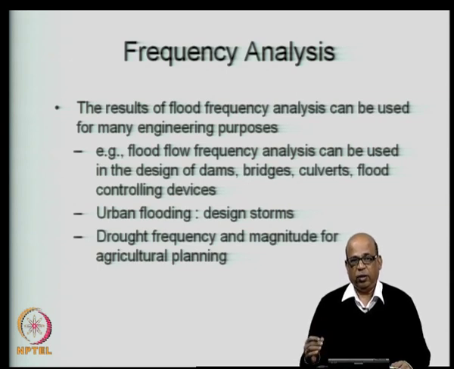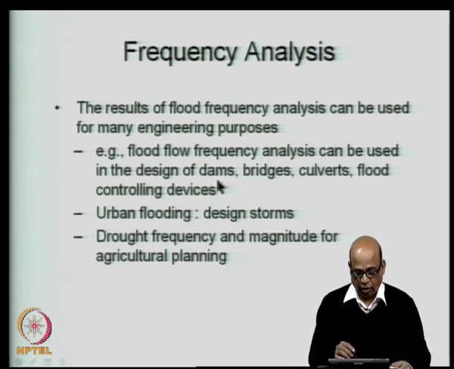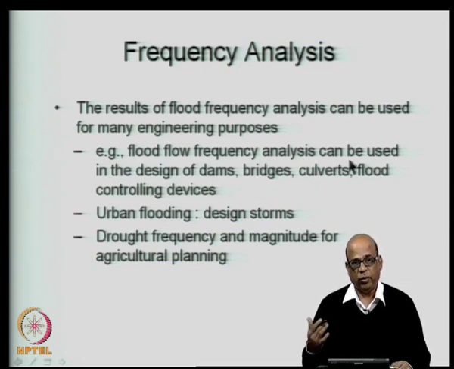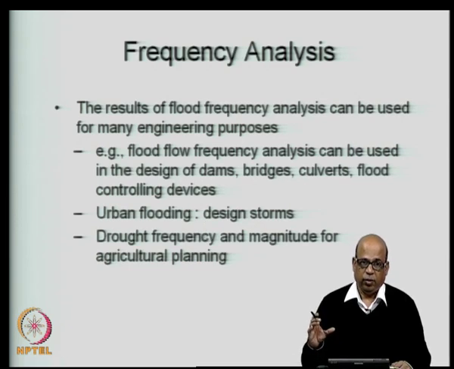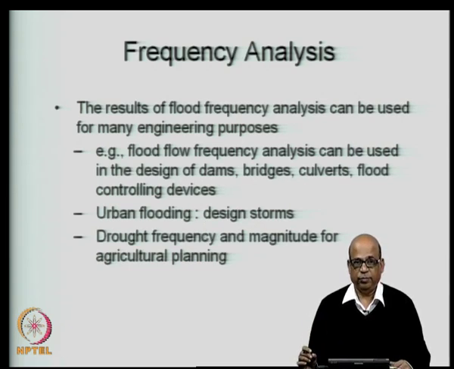And the decision on the return period itself will depend on the type of designs that you are making. For example, for dams, bridges, culverts, etc., you may be interested in 100-year return periods, whereas for flood controlling devices, you may be interested in more frequent events, for example, once in 10 years, once in 15 years and so on. And when you come to urban flooding, your designs are based on much more frequent events and therefore smaller discharges.